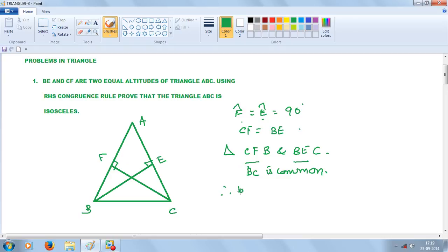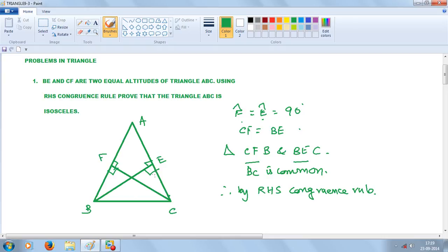Therefore, by RHS congruence rule, what is the RHS congruence rule? BC is the hypotenuse for these two triangles CFB and BEC, and one angle is 90 degrees. The other side also is equal.